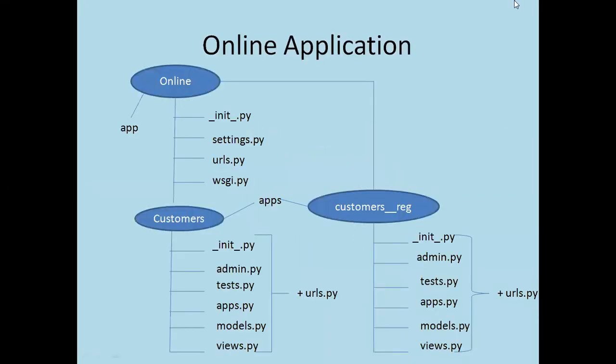I'm going to refer to the same example that I've already explained in my previous PowerPoint presentation. We have an online application under which we have already prepared an app known as customers. Along with that, today we will add another app known as customers registration.